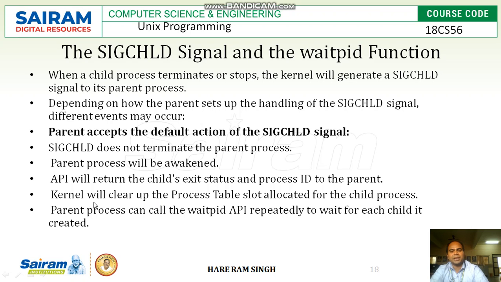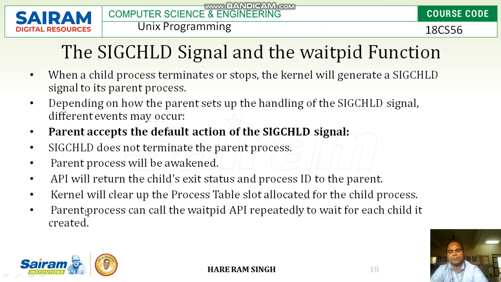Every process will have a process table. In the parent process table, the child process status will be there. So if the child process exits, then the kernel will clear the child process allocated slot from the process table.